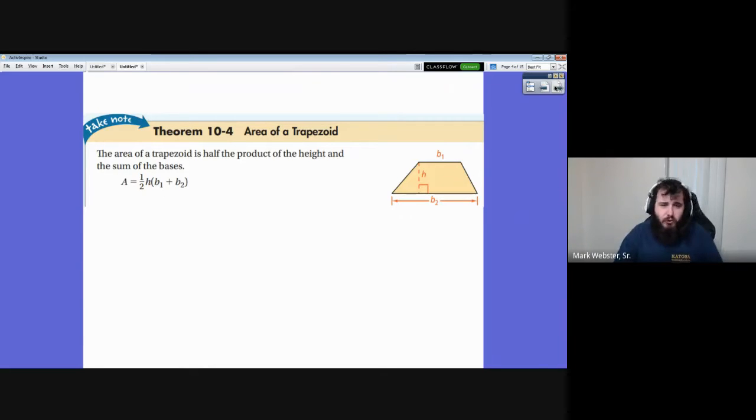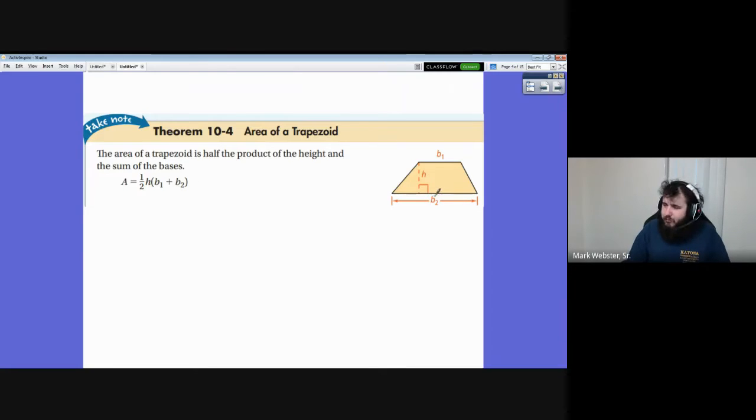With the trapezoid, we've got, and they write it weird. 1/2 times height times the sum of the bases. I don't like it written like that because I don't think it makes as much sense.